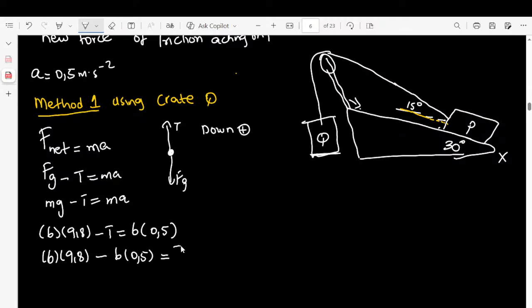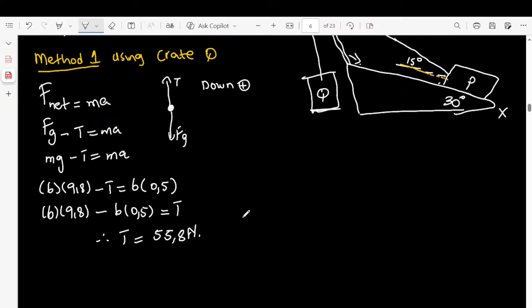We punch this on the calculator, and what do we get as the final answer? On my side, I have 55.8 Newton. That's my tension.